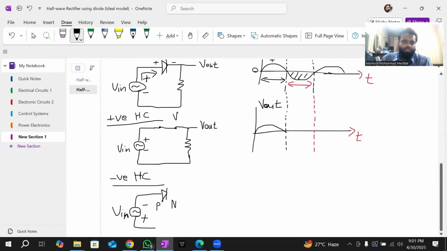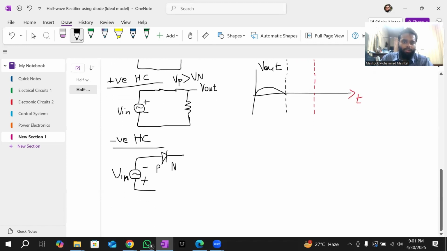In the previous scenario, my voltage across the P junction was higher. But in this scenario, my potential across the P junction is lower than my voltage in the N junction, because now the current is flowing in the opposite direction, and this is the lower potential, this is the higher potential.